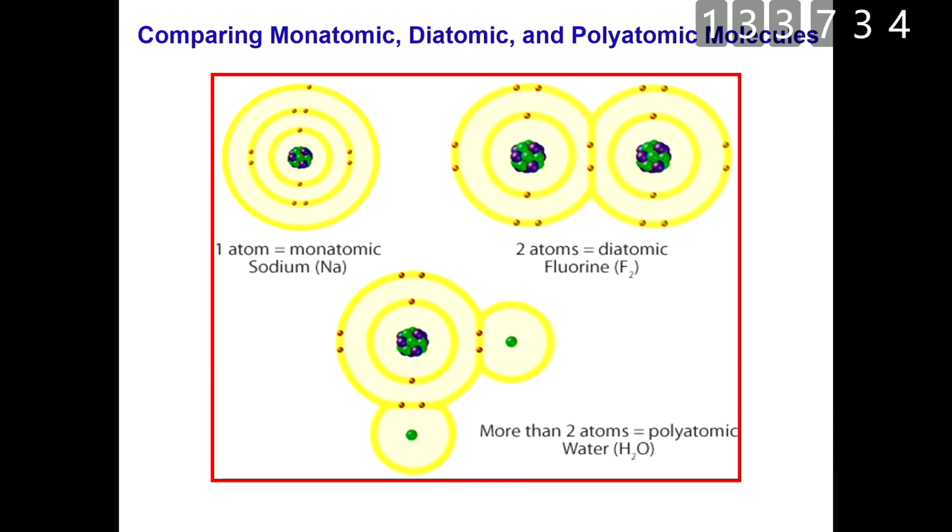Here it shows monoatomic, diatomic and also polyatomic molecules. So for example, this is water. Water has oxygen and hydrogen, with the structure like this.